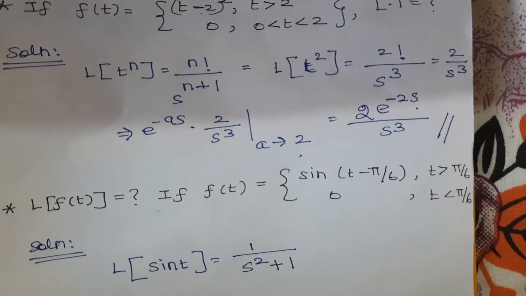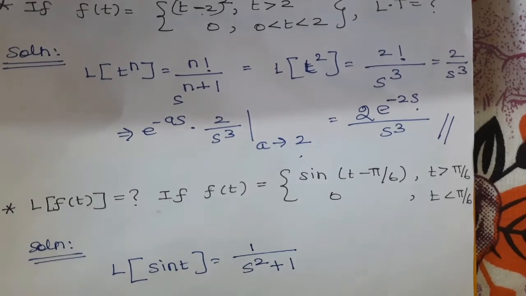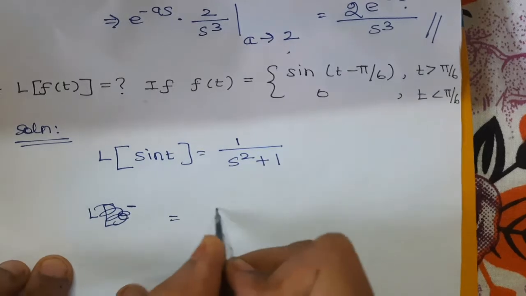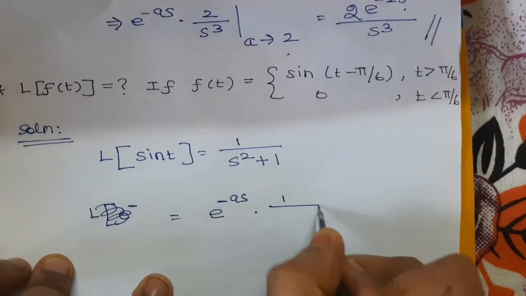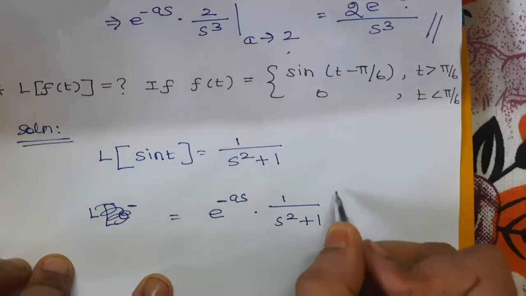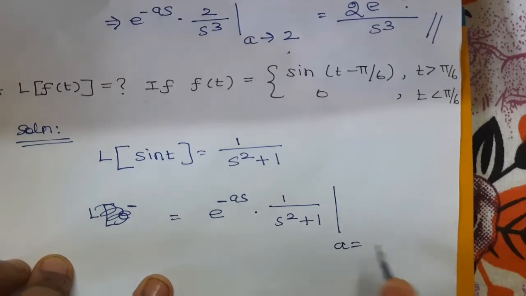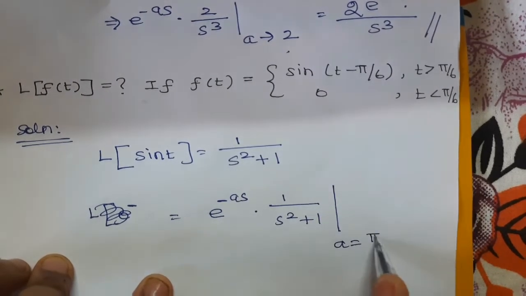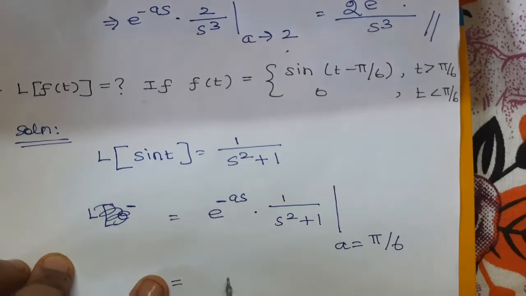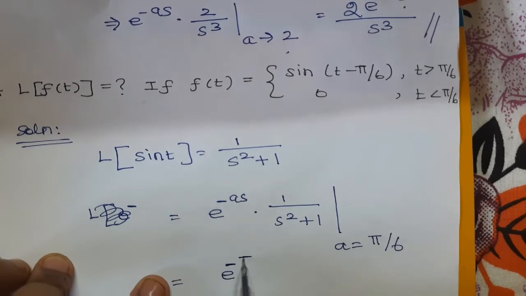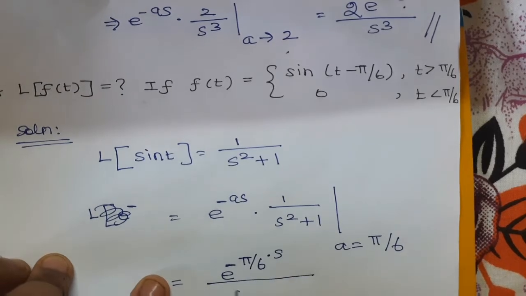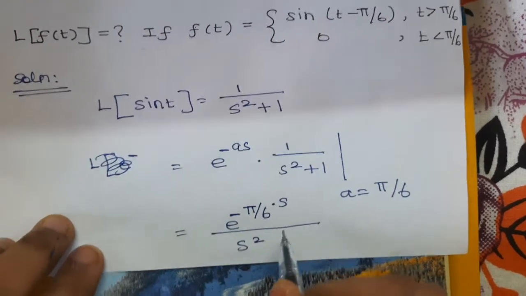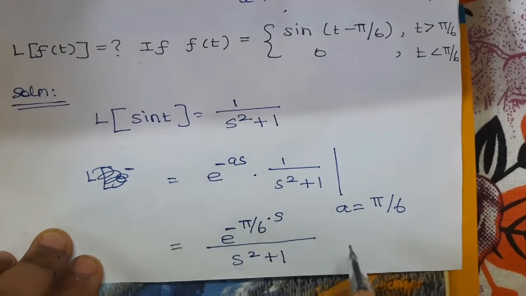For delay what we will get? e power minus as into 1 divided by s squared plus 1, where a is equal to pi by 6 here. So e power minus pi by 6 into s, divided by s square plus 1.